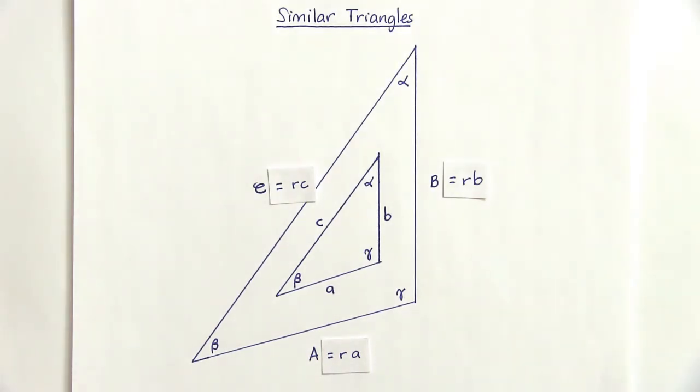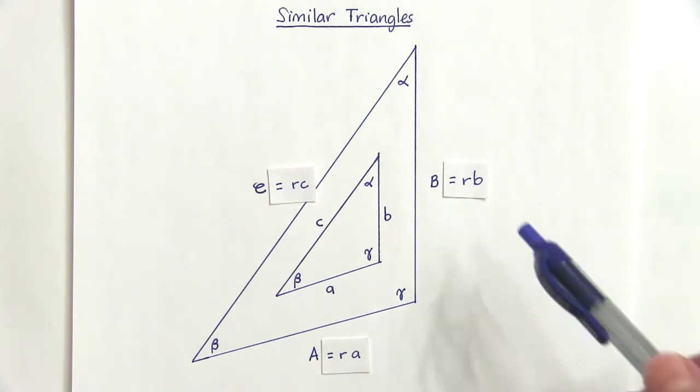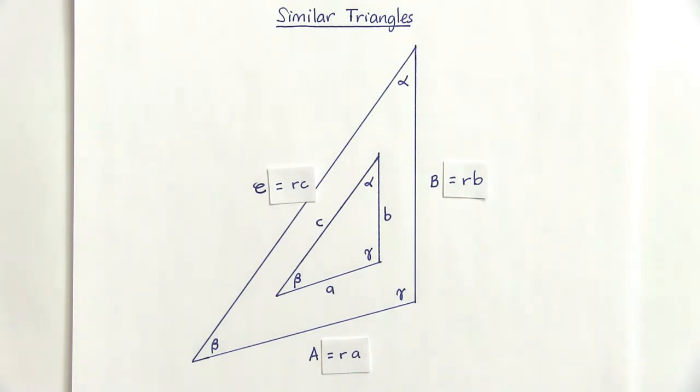And the scaling factor R could be, for example, in this picture, maybe 2, or the bigger triangle could be 10 times as big as the smaller triangle, so R could be 10, or 100 times as big, and then R would be 100, or R could be 1.1.